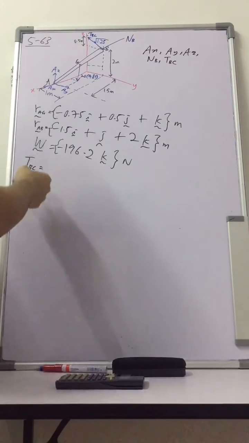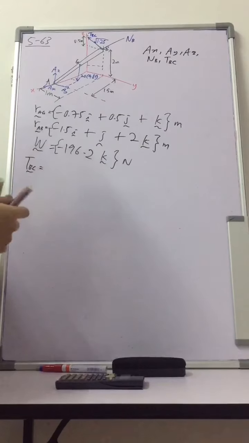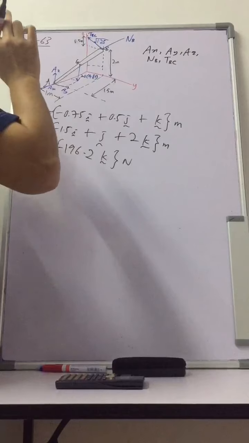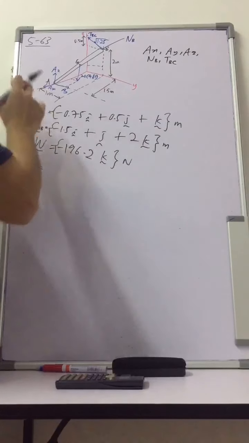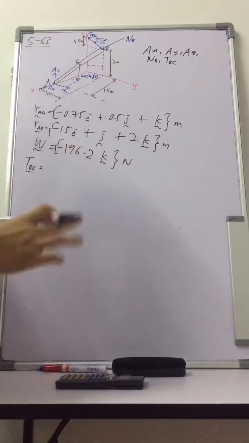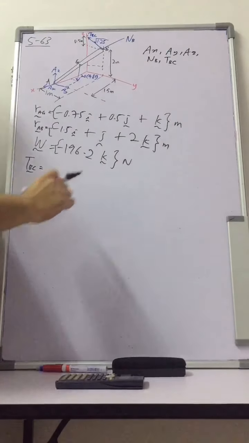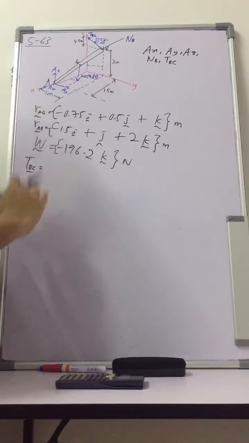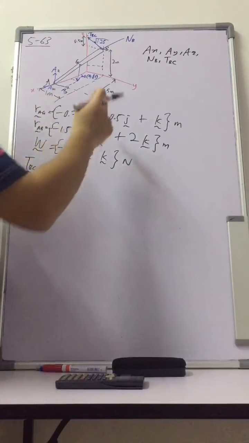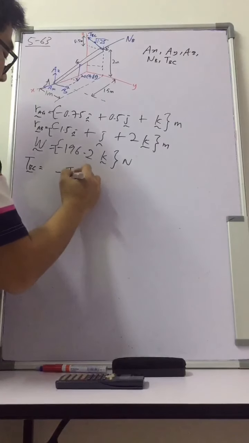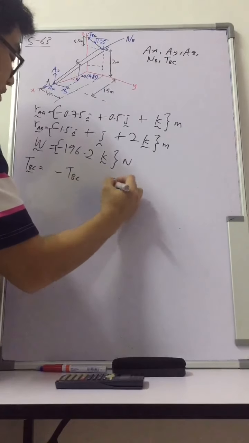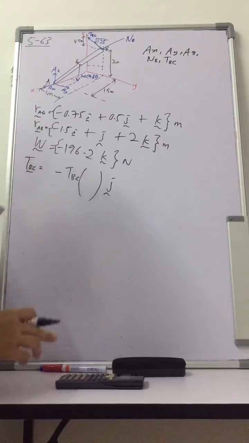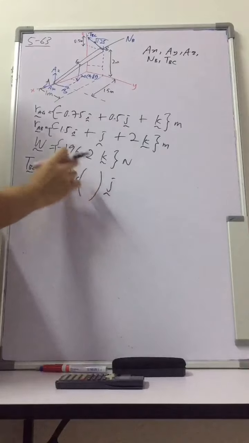To find TBC, we have to resolve TBC into x, y, and z. Does TBC have an x component? The answer is no. The reason is that it lies on the y-z plane, so there is no i component. But how about the y component? Yes, so you have minus TBC for the y component, which is j. How do we find the y component of TBC?